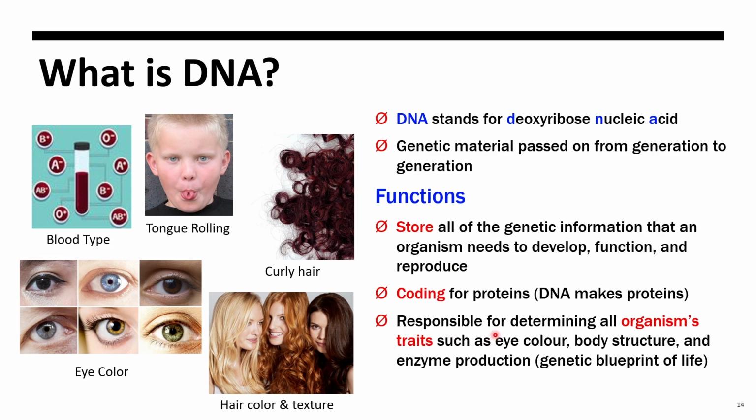It codes for proteins. It is responsible for determining all the traits of your organism, such as your blood type, whether you can roll your tongue, your curly hair, the condition of your hair, your eye color, your hair color. All this information is stored in your DNA.